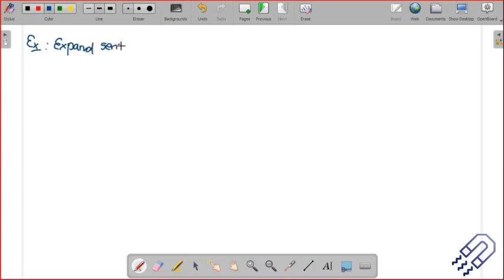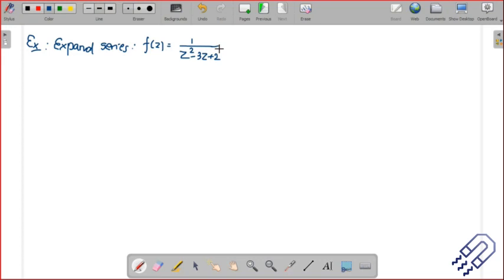So maybe the question is: expand in series f(z) is equal to 1 divided by z squared minus 3z.